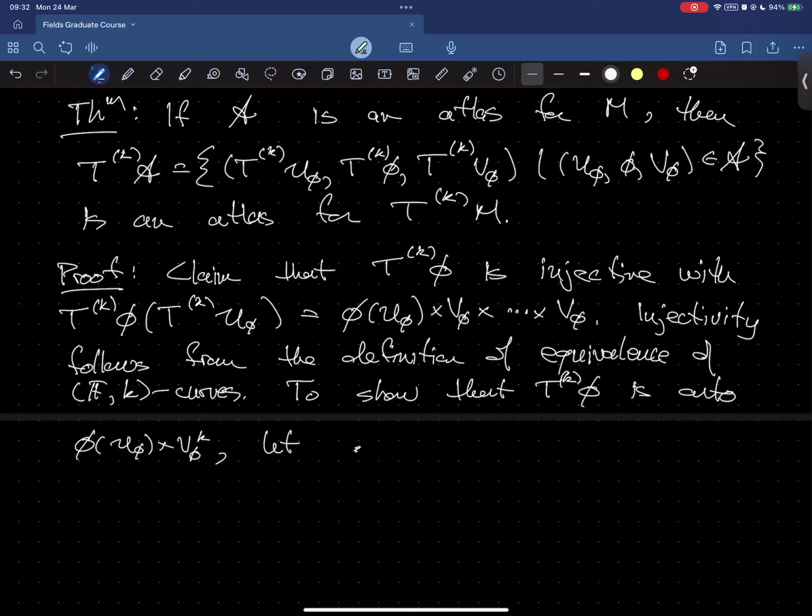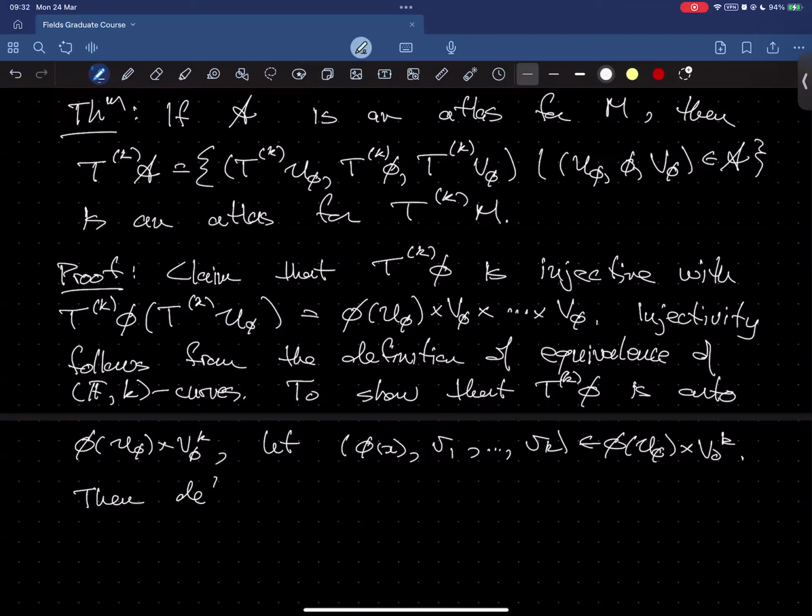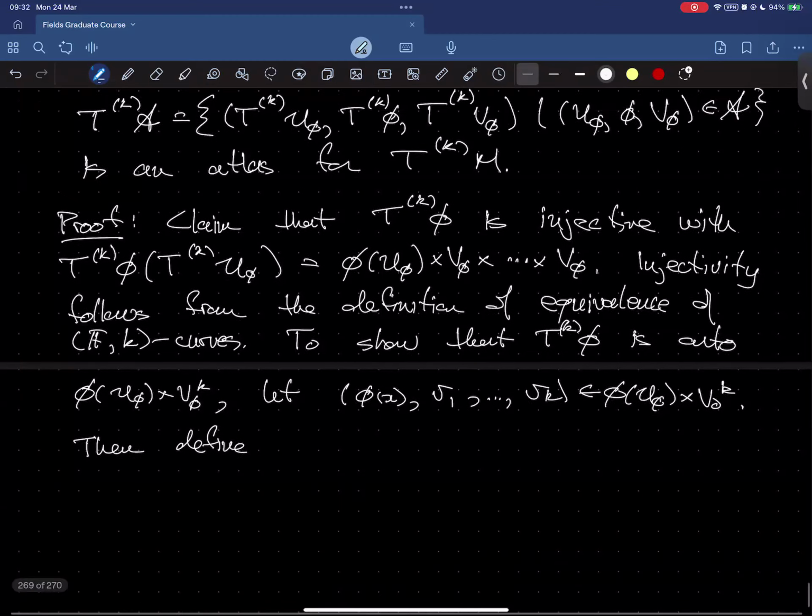Let's say (phi of x, v1, ..., vk) be a point in phi of U_phi cross V_phi^k. And so what I need to do is find an F^k curve gamma at x naught, or at phi inverse of x, that maps to this thing under the chart map. Again, it's obvious how you do this.